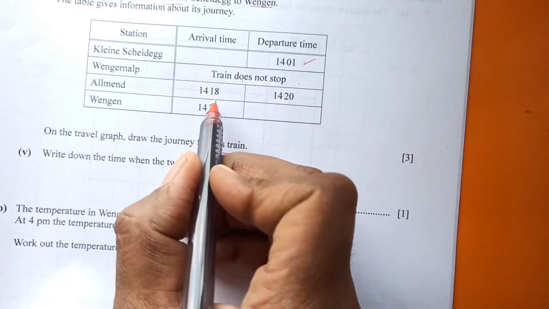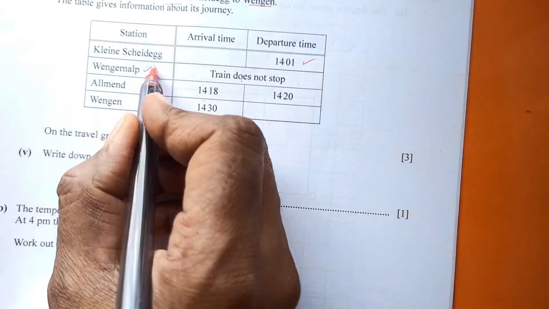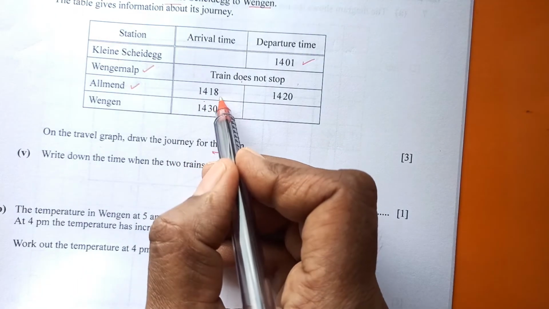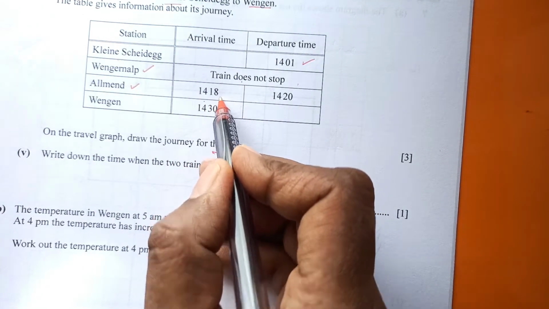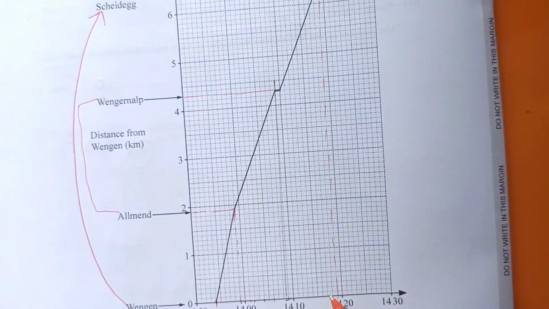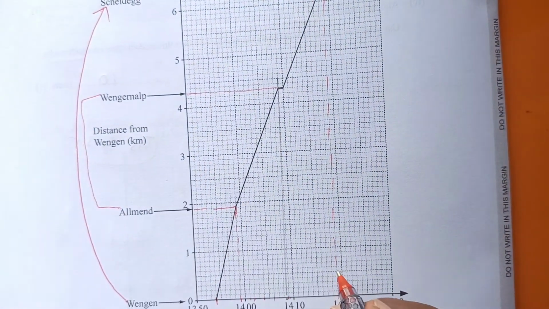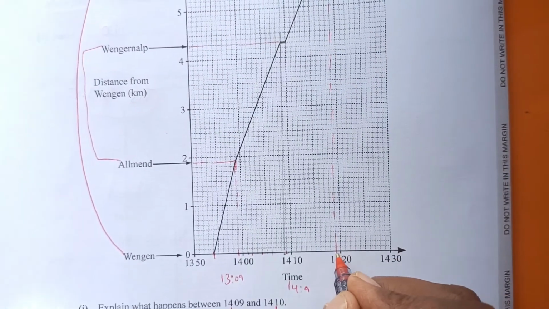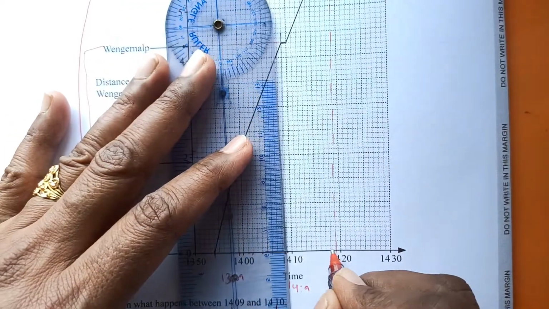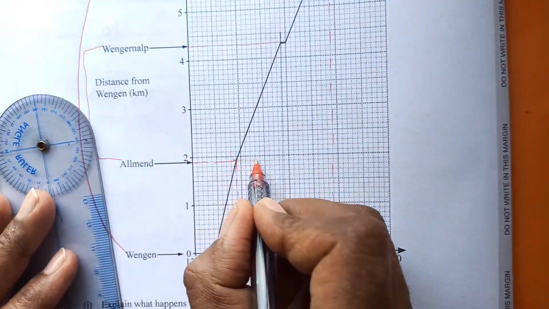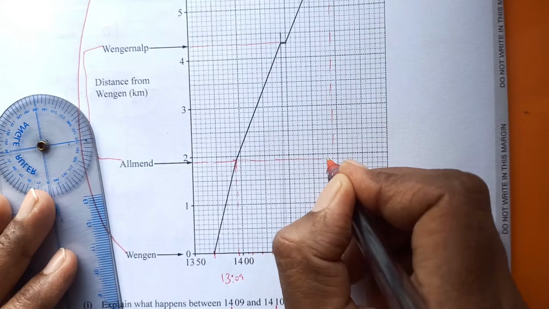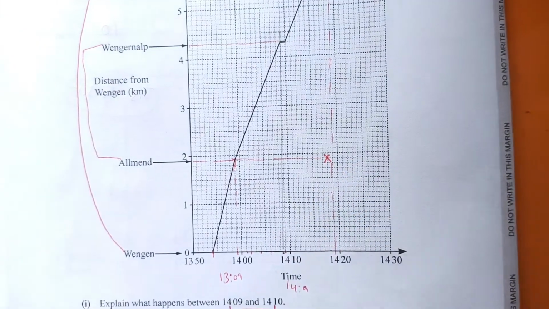The train does not stop. So the train doesn't stop here. At Almond the train's arrival time is 1418. So here 1418 is this line here, at this station, two lines here. So this will be the point here, right?